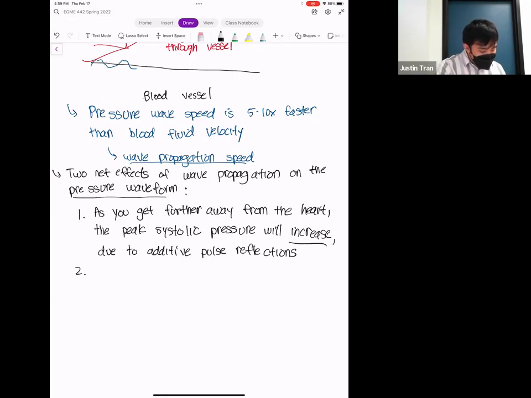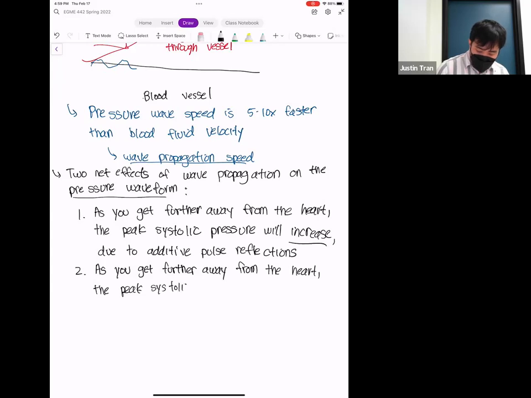Okay. And number two, the other effect is that as you get further away from the heart, the peak systolic pressure tends to be delayed compared to places earlier in the tree.